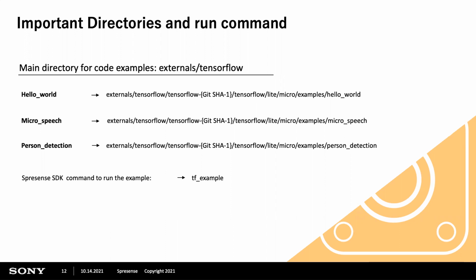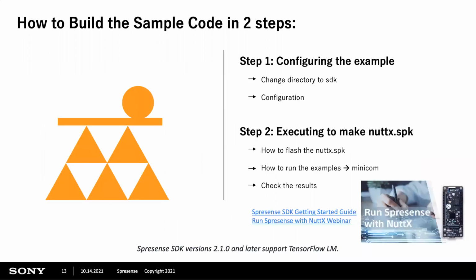Next step is we have to start building, right? We know what components we need and we know where the files are. We do the build in two steps. The first one is configuration, and the second one is execution. For the configuration, I say here change directory to SDK, because when you clone Spresense SDK, you get a folder called Spresense, and then you have subfolders in that.